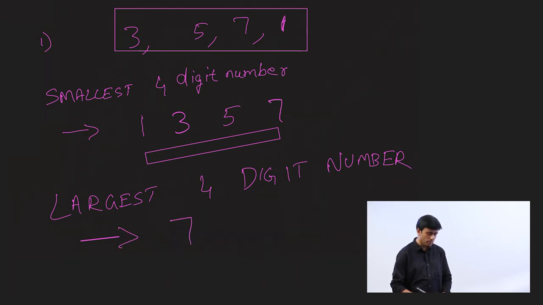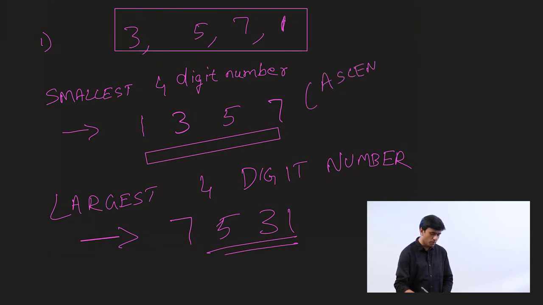So from the biggest to the smallest, 7, 5, 3, 1. That's your largest number. So for the smallest number, you place the digits in ascending order, smallest to the biggest, and to find the largest number, you have to just place the digits in descending order from the biggest to the smallest.